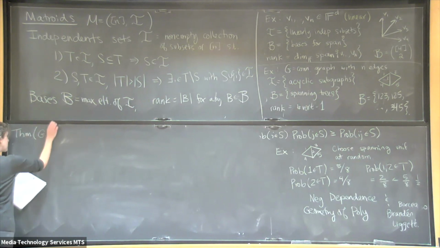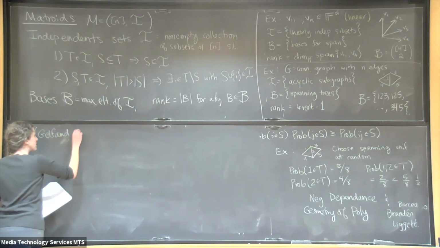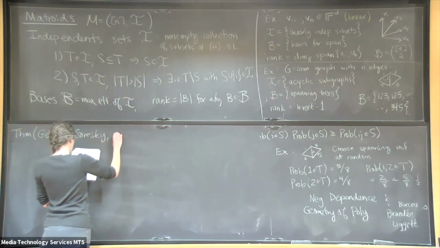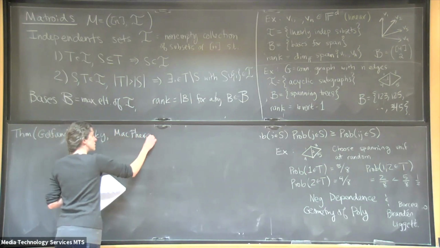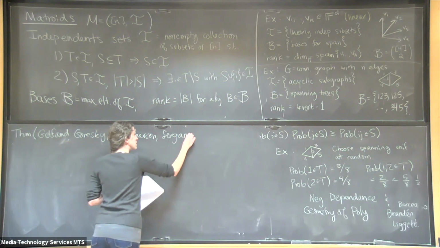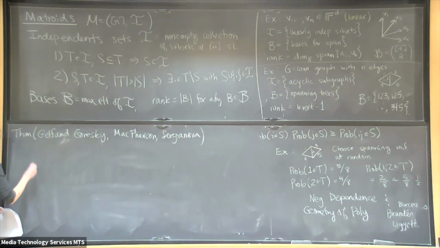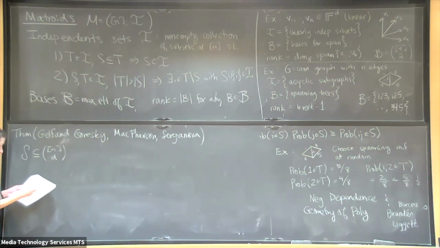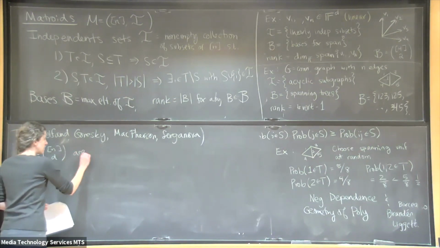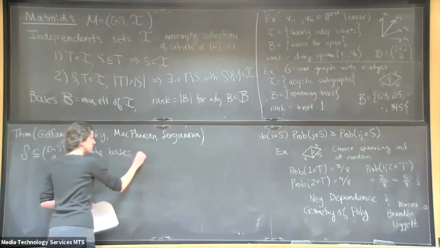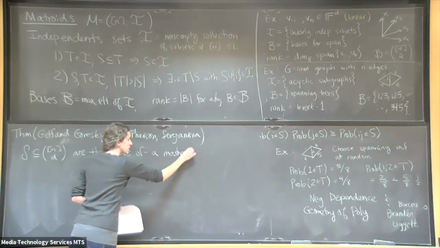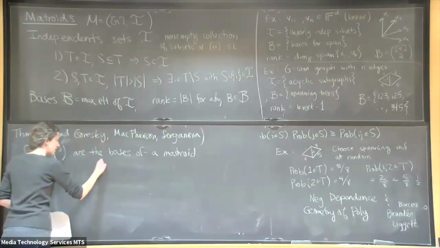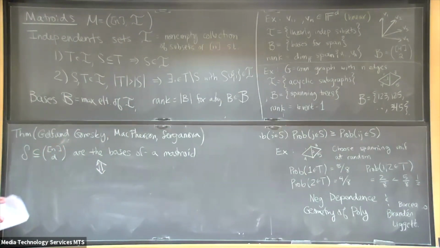The idea is that if you have some collection of subsets of 1 through n of size d, and you want to know if they're the bases of some matroid, you can look at a polytope and look at its edges.